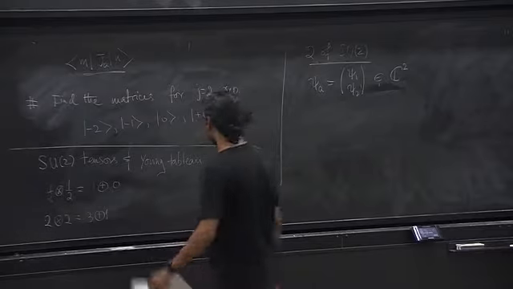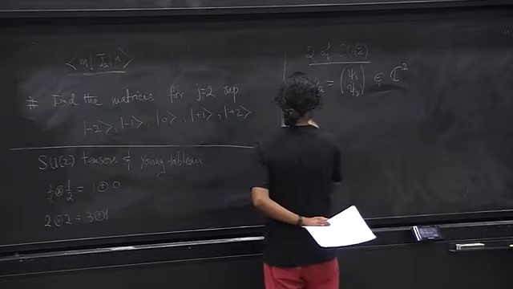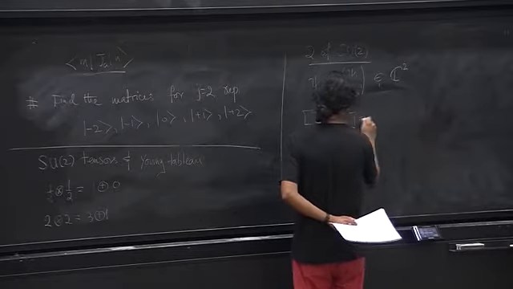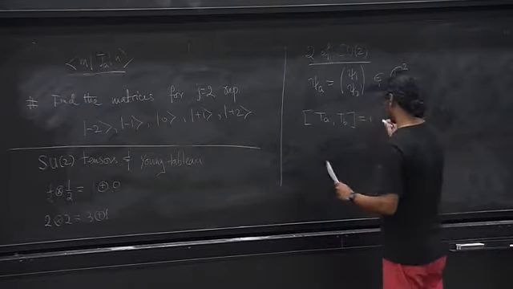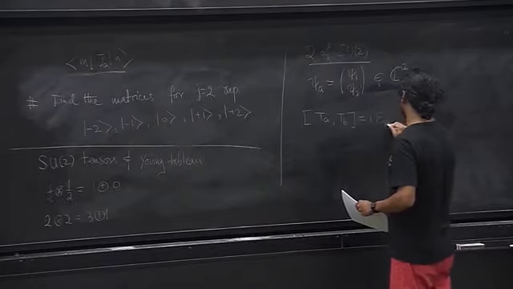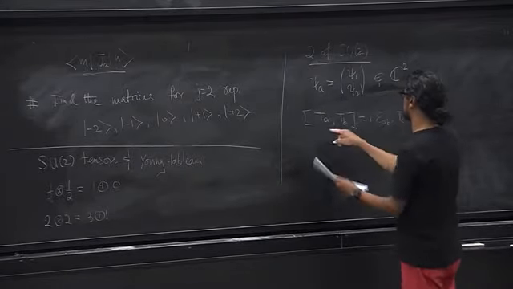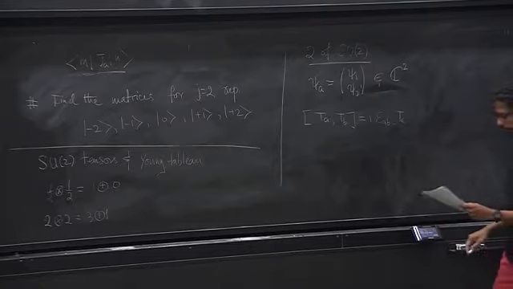Now, notice that if you have a Lie algebra, for our case, let's consider it in a basis where these are Hermitian and these are real.